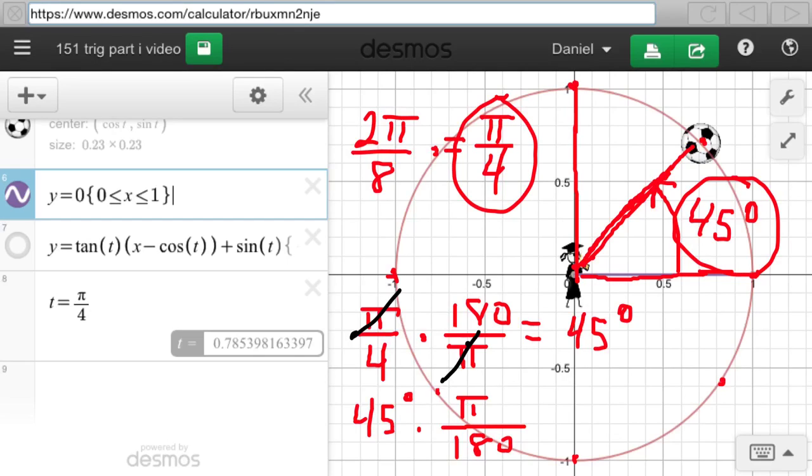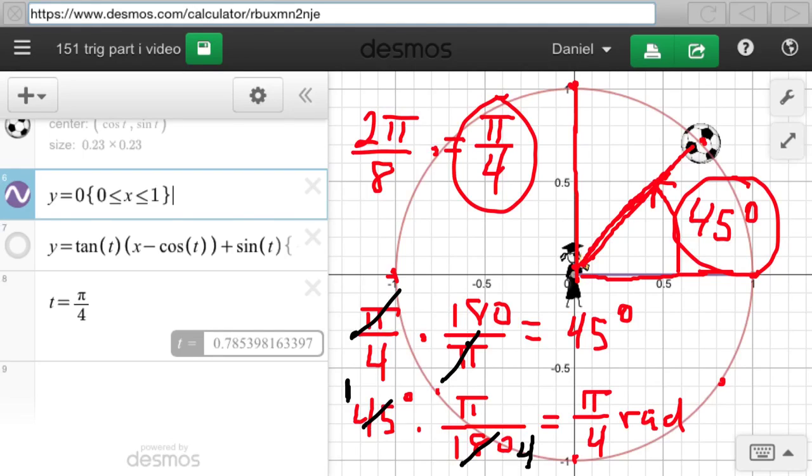And again, I'm going to get some cancellation here because 45 over 180 is really 1 over 4. And I'm going to end up with 1 pi, which is just pi over 4 radians. And RAD is used as the abbreviation for radians.